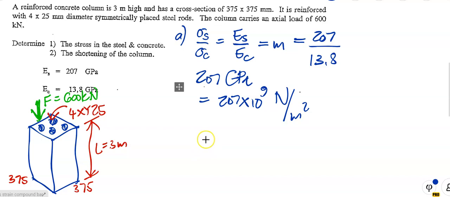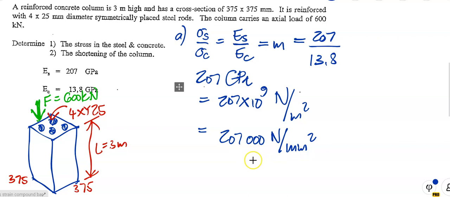And of course if you convert that to millimeters squared, we divide by 1,000 squared, and that gives us 207,000 newtons per millimeter squared. So if we convert gigapascals to newtons per millimeter squared, in effect we just multiply by 1,000. We did this in the applied mechanics conversion.